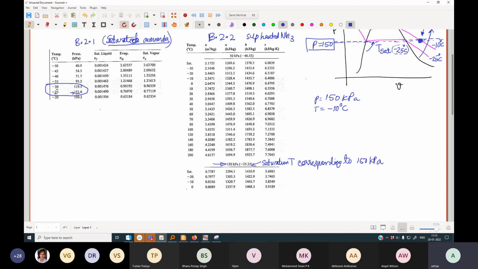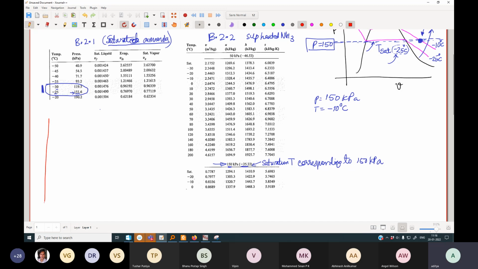So what do we directly get? Corresponding to a pressure of 150 kilopascal, the saturation temperature was minus 25.22, which we almost assumed to be minus 25 degrees Celsius. And if you were to do this interpolation, you would also get minus 25.22 degrees Celsius. Okay, now what does it mean?